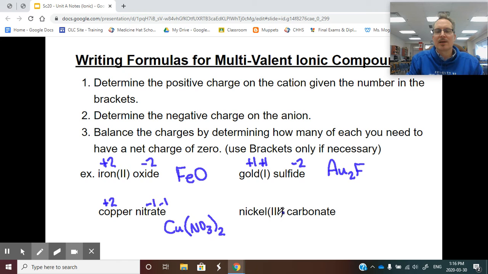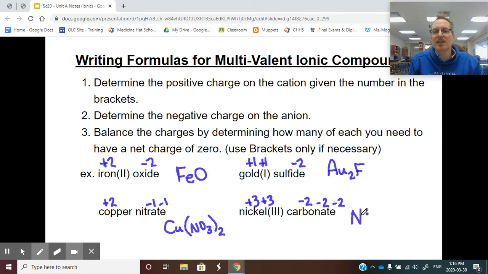Last one, nickel 3, which means nickel has a 3 positive charge. Carbonate is -2. Again, they're not going to balance. I need another carbonate. Now I need another nickel. Now I need another carbonate. +6, -6. Now they add up to a net charge of 0.